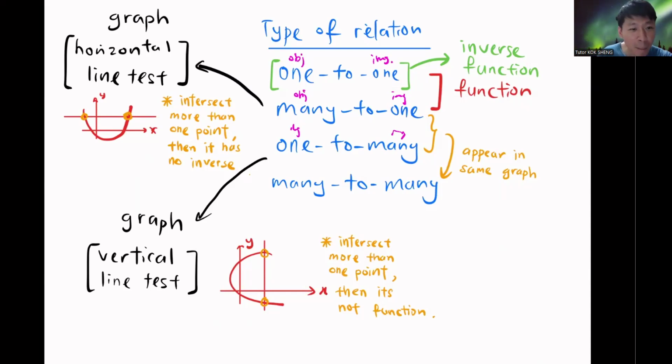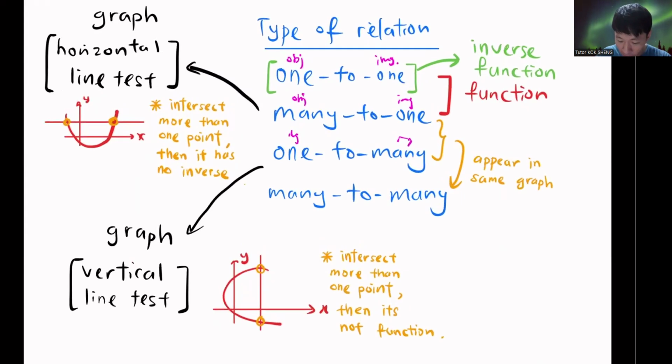Okay, so for these four types here, there is a theory you have to know and memorize. It's not given in the exam. For one to one and many to one, I already wrote here for you, these two are considered as functions.